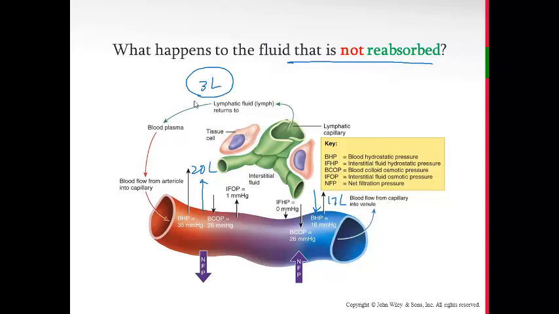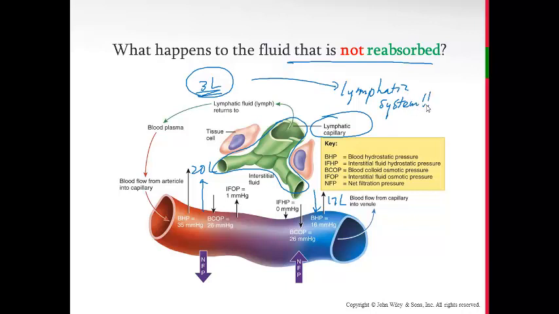What happens to them normally? Right, they can't stay at the tissue cells all the time because we have to remove them. They actually go to your lymphatic capillaries, so eventually they go to your lymphatic system. That's why they're quite important.